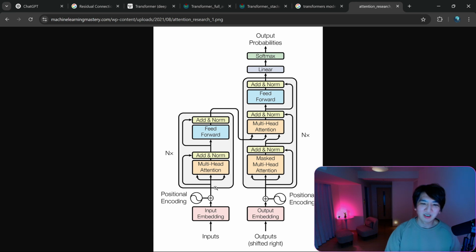I'm not really sure, but seems like one of the reasons is so that it could avoid vanishing gradients.